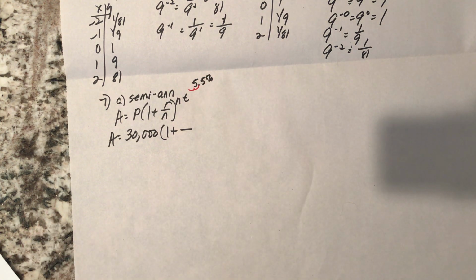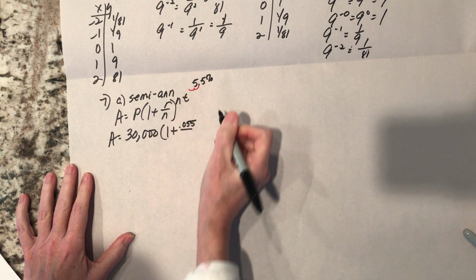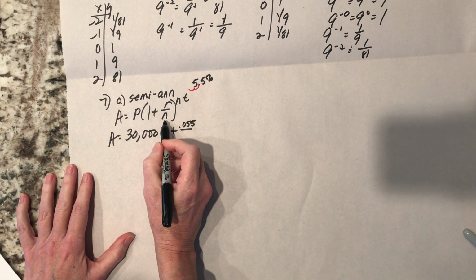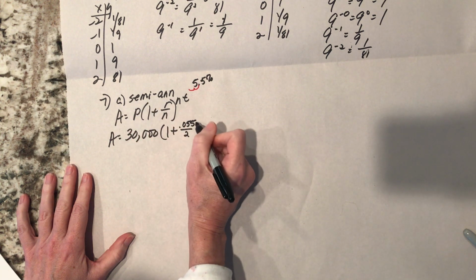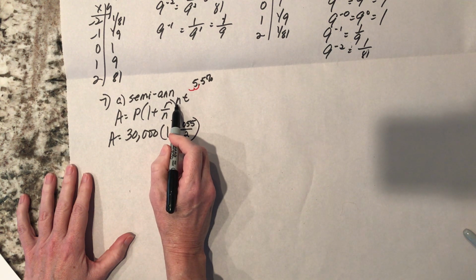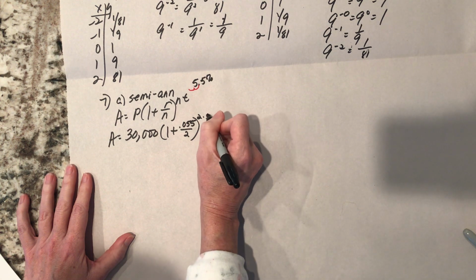So we're getting 0.055 over n. Remember, n is the number of times that this is compounded. Semi-annually means twice. And we're going to close out the parenthesis and raise it to n, which was twice, times how many years? And we've got 5 years there.